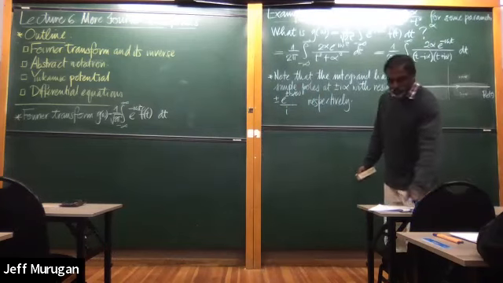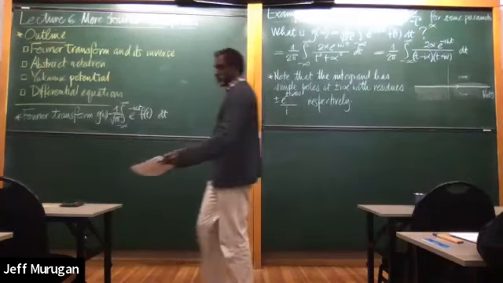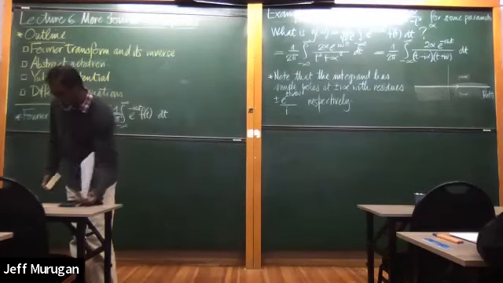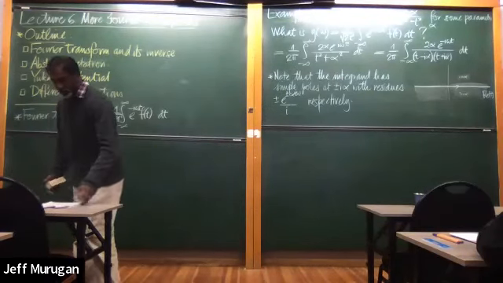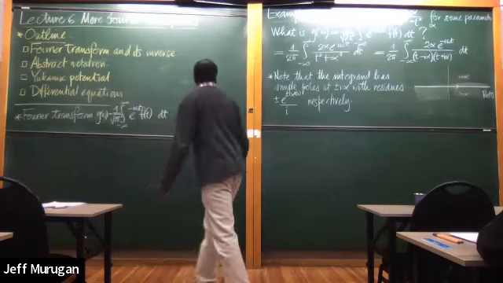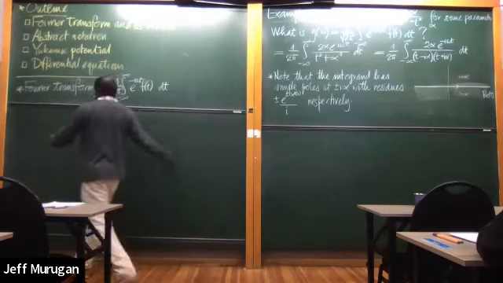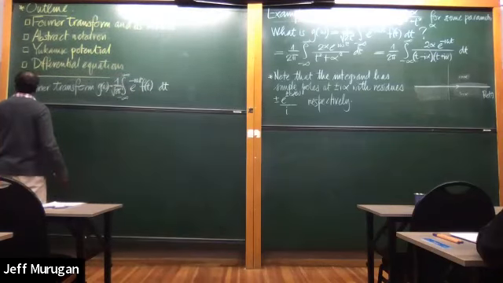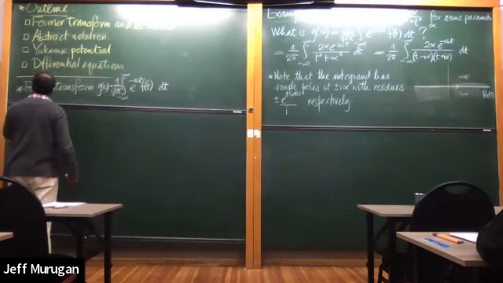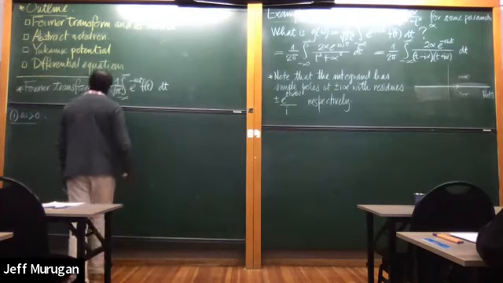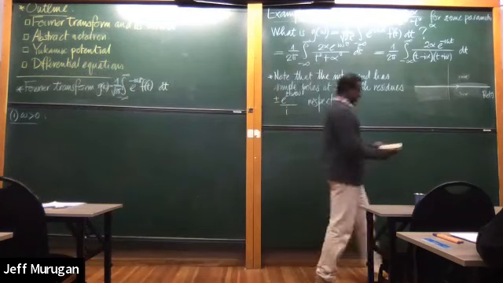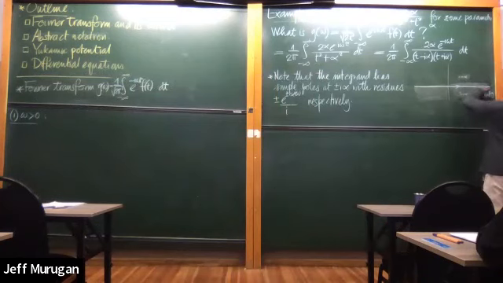So in order to evaluate the integral, we need to distinguish three different cases depending on the sign of omega. Case one is if omega is greater than 0, then what I do is I close this contour on the upper half plane.